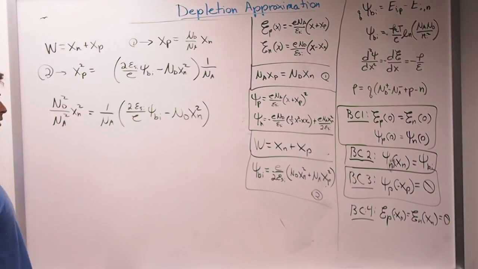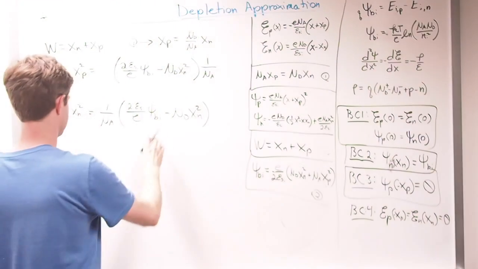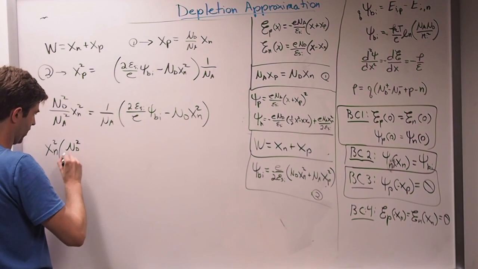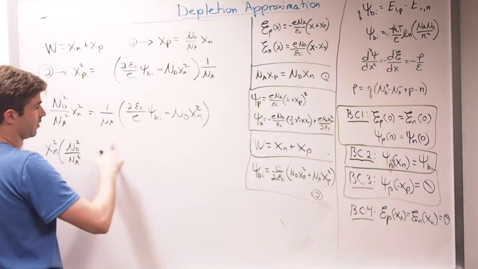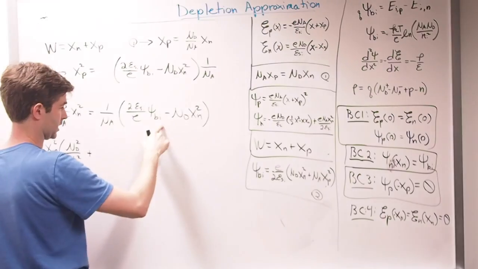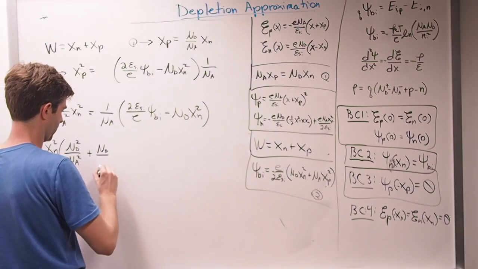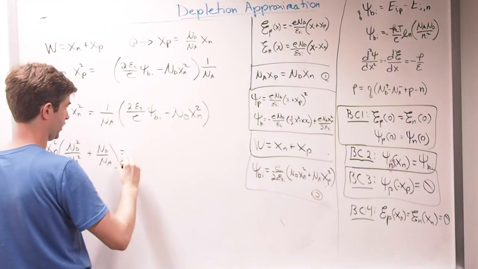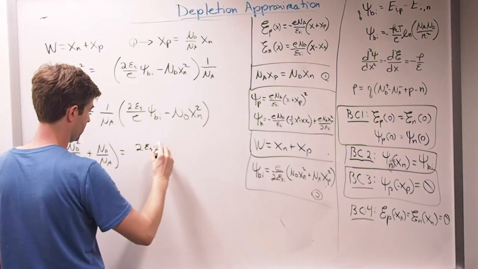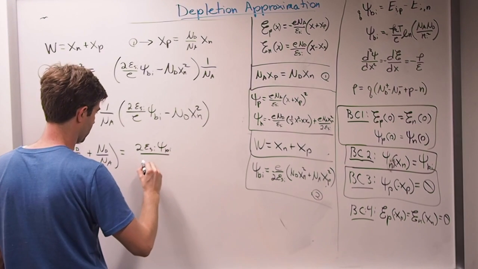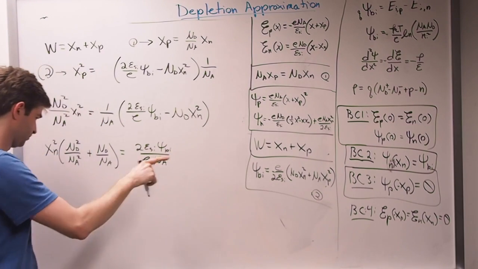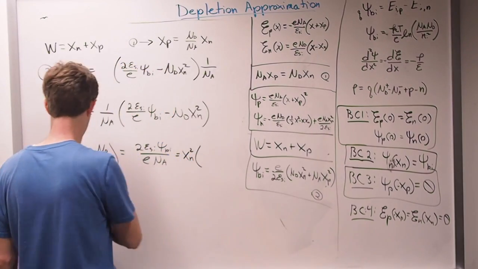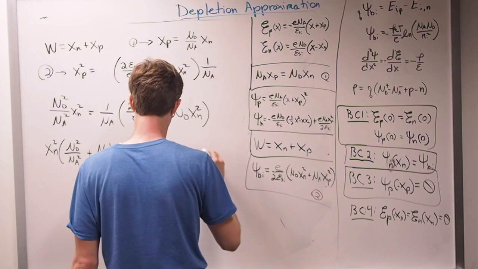Boom, just like that. All right, let's get our x_n squared terms together. So I have x_n squared, N_D squared over N_A squared, plus N_D over N_A, is equal to 2ε_Si ψ_bi over e N_A. Let's see if I can pull some stuff out. Yeah, I can pull out N_D over N_A.